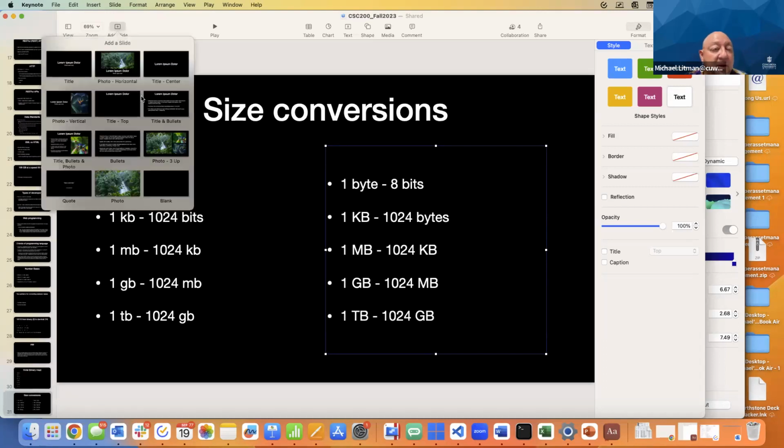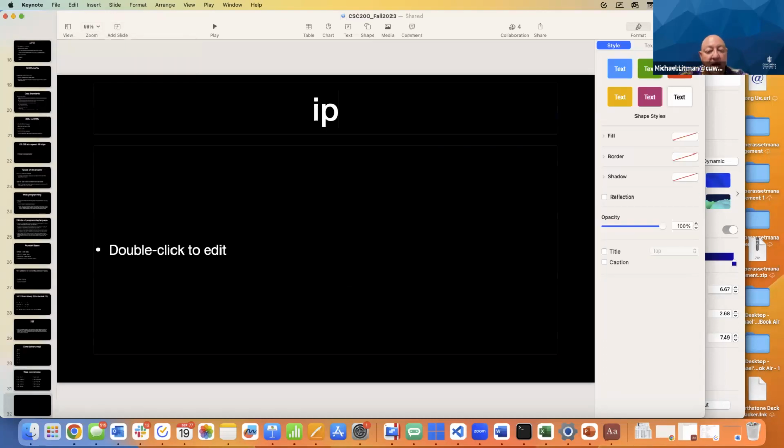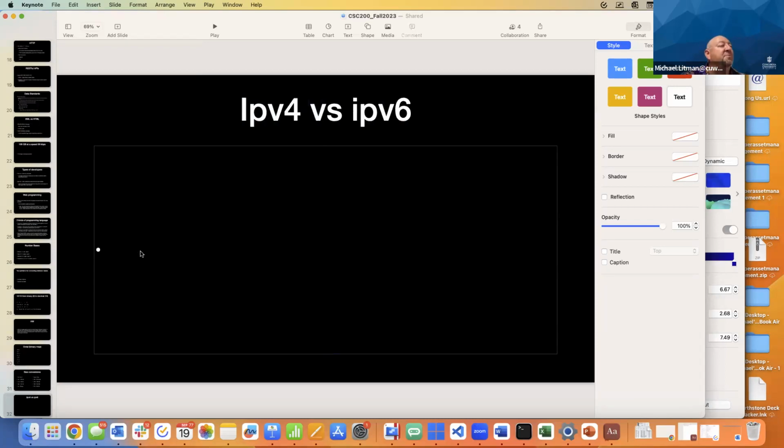Just throw a slide up here. IPv4 versus IPv6 network systems. And so the old system was IPv4. Now we have IPv6. Why did we need an upgraded numbering system?